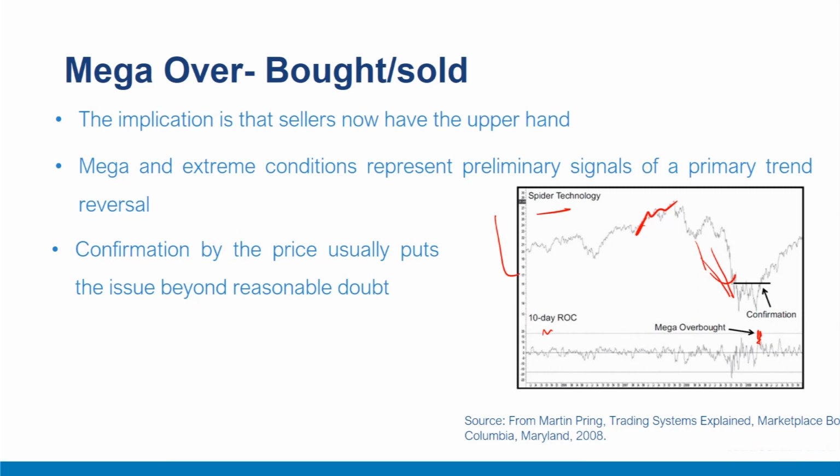On the top, in the price action, we can see there is a very sharp price up move. Also some kind of trend line has been violated towards the upside. So there are a number of signals which suggest that this mega overbought indeed indicates that some kind of bull run is about to take place, which is also confirmed by this inverse or reverse head and shoulder pattern, and also a trend line or neckline violation towards the upside.